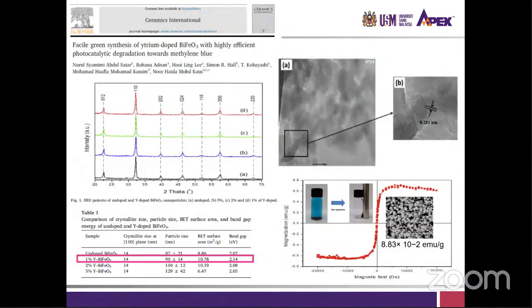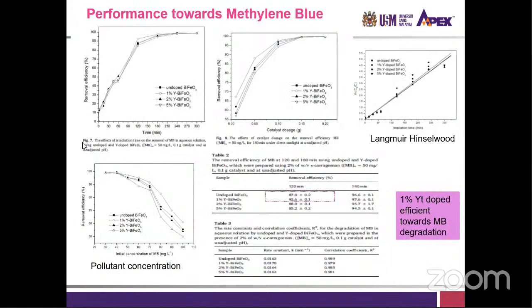And then we move to another study where we try to dope with yttrium. For this particular study, we try to see whether it can degrade methylene blue. When we have a dopant here, the magnetic properties also improve, and the performance also improves.